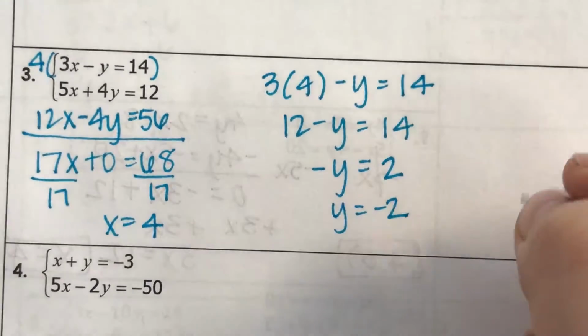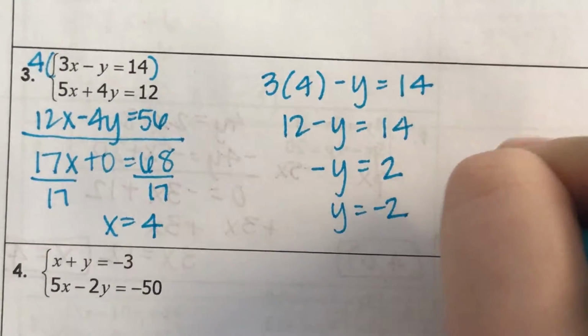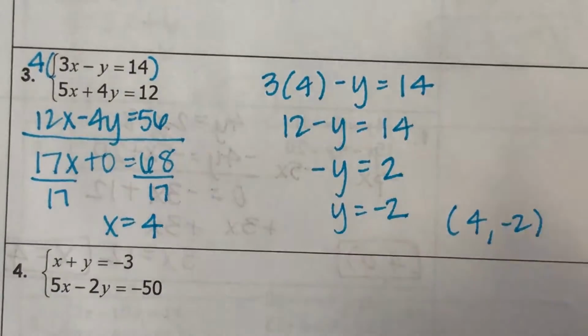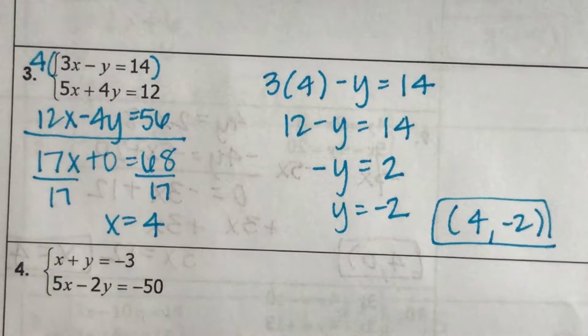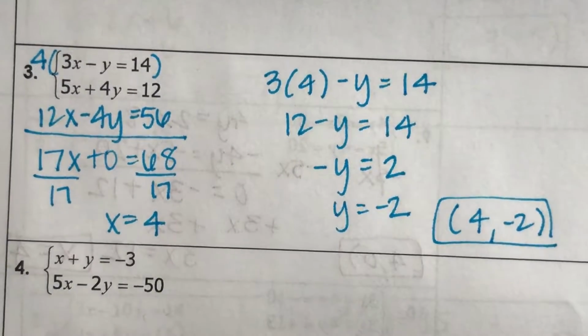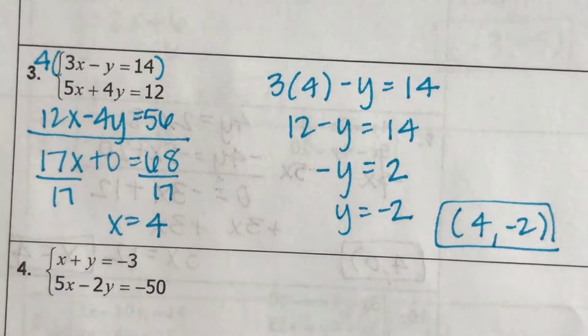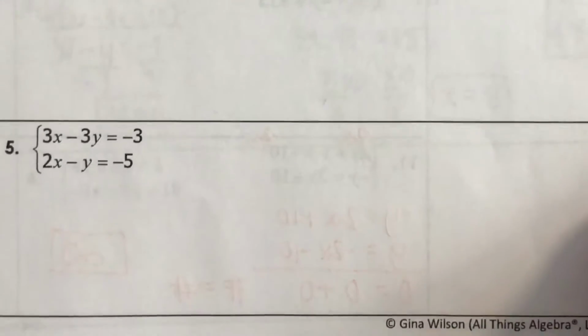So my solution over here is (4, -2). And that's it. So it just adds another element to the already sort of pseudo-complicated elimination process. So it's your job to make sure that you can find common coefficients when you're doing this. Let's do number 5.